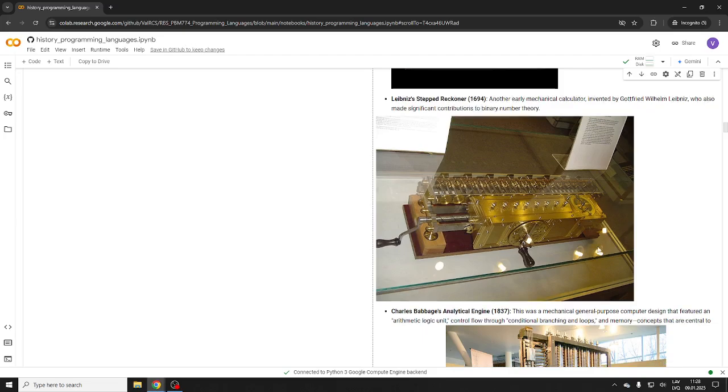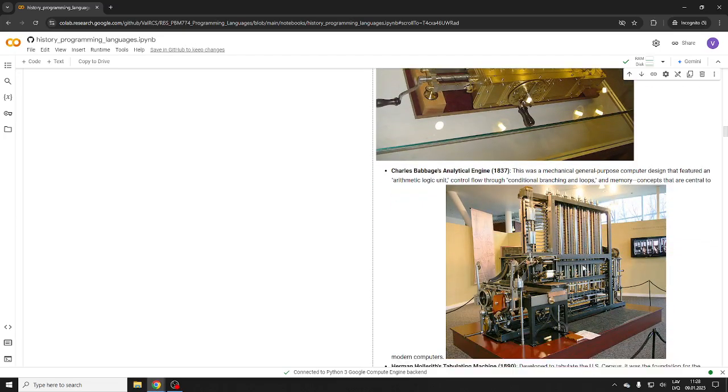And then, of course, we get to Charles Babbage. Charles Babbage, analytical engine. There's the analytical engine, and there's also the difference engine. The analytical engine is basically a mechanical general purpose calculator.